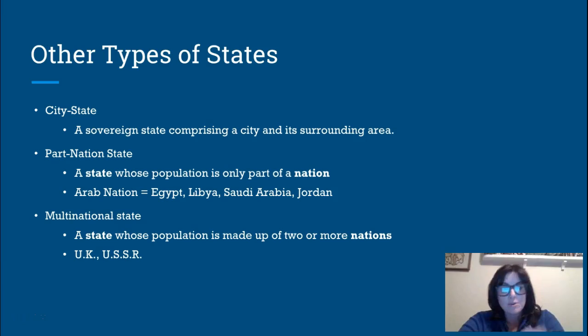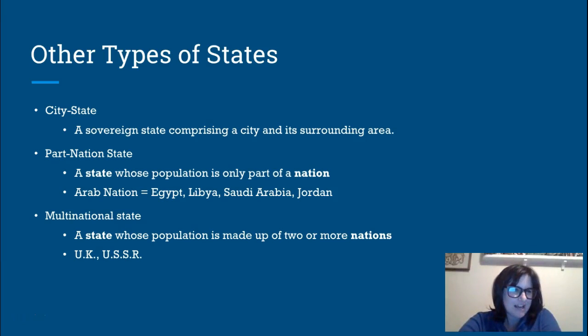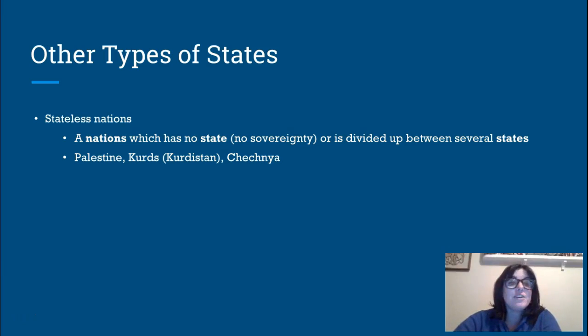The USSR, which is now Russia, was in control of lots of smaller states that are independent today, like Albania and Estonia. Because it was one large state made up of a bunch of different groups, that was called a multinational state. In a lot of ways, I think the US could almost be considered a multinational state. We'll talk about that in a bit. Okay. Other types of states.